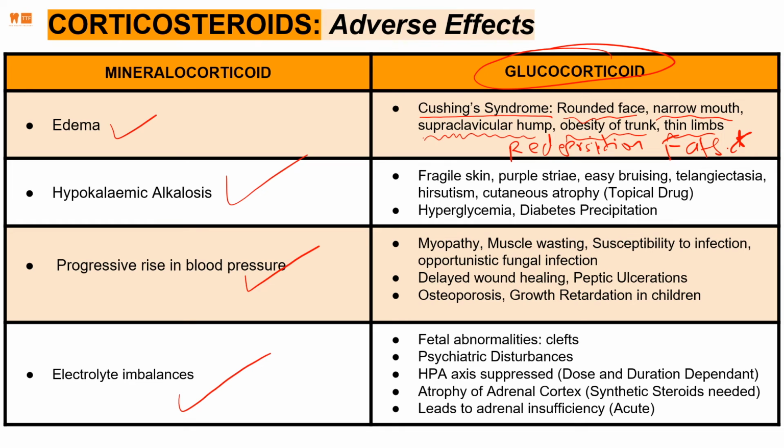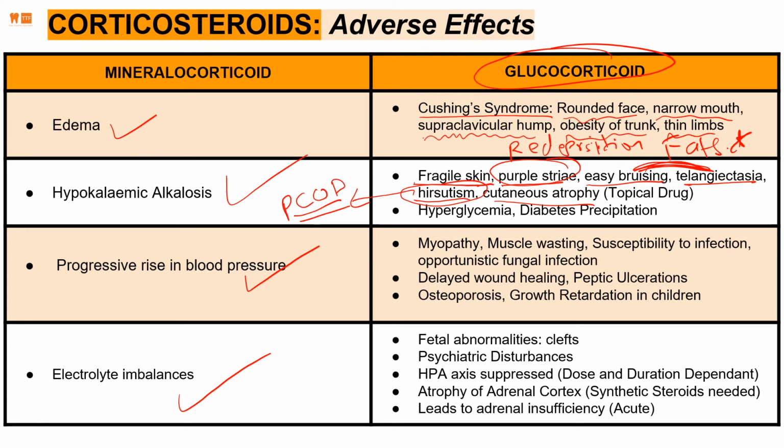Okay, fragile skin, purple striae, generally around the stomach area, easy bruising, telangiectasia. These are vascular conditions. Hirsutism, which is increase in hair growth because it kind of hyperstimulates the hair follicles everywhere. This is again a part of androgen and can be seen in PCOD, guys.